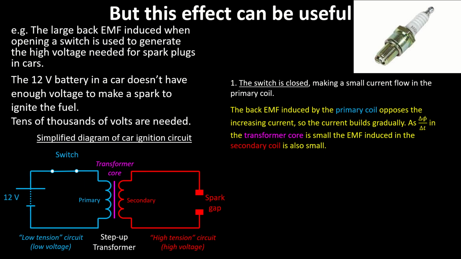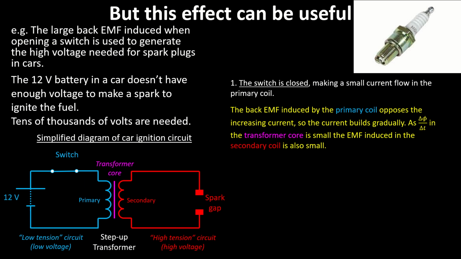The primary induces a back EMF, and that makes the current take quite a while to build up. Because it's taking a while for the current to build up, the rate of change of flux in the transformer core is quite small, so the secondary doesn't really do anything. It won't generate a huge amount of voltage at that point, and even if it does generate voltage, it won't be enough to cause a spark. But you've now got current flowing through the primary coil.